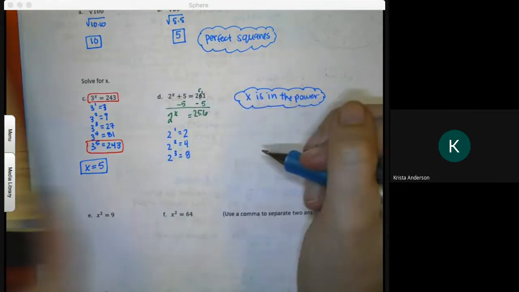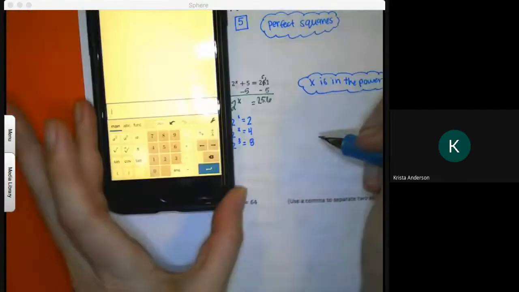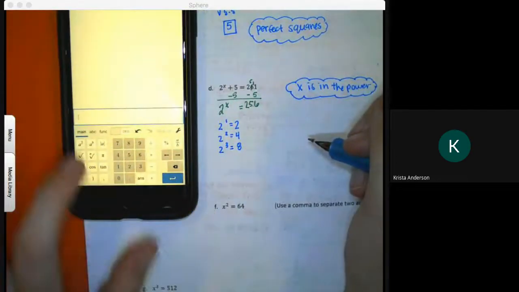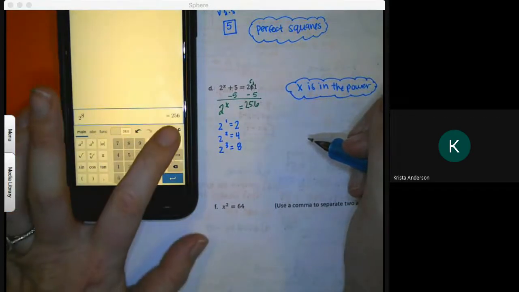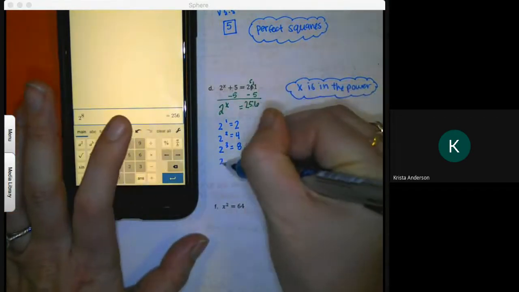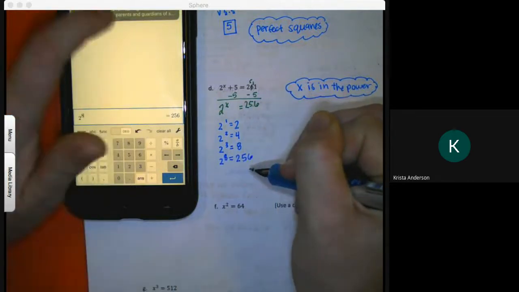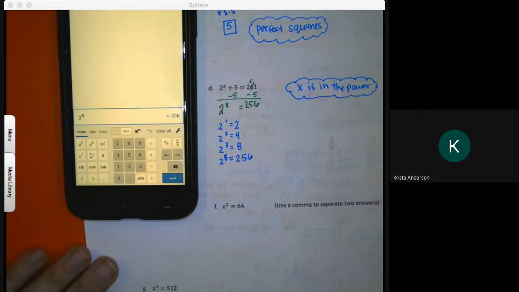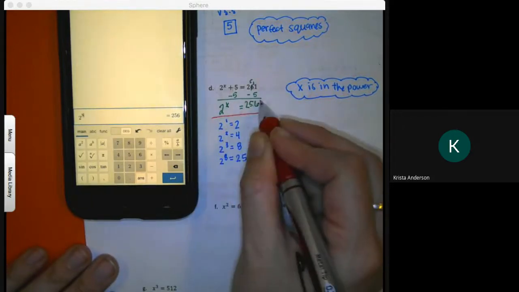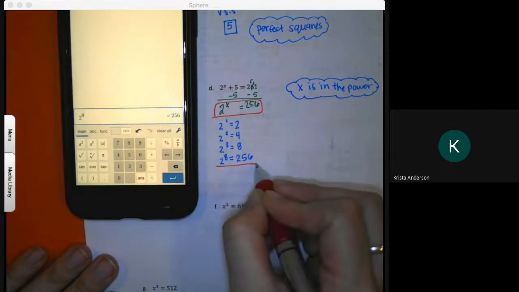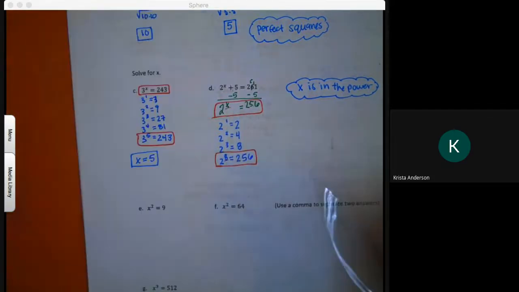I'm going to skip a few and use my calculator. 2 to the power of 8 is 256. Because they match, that means my x is an 8.